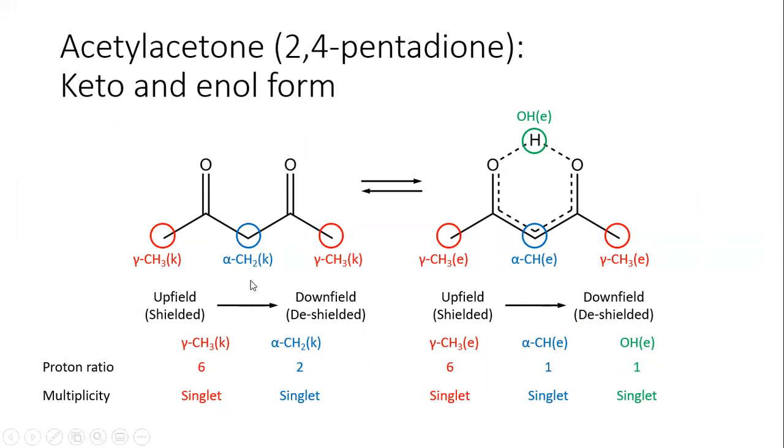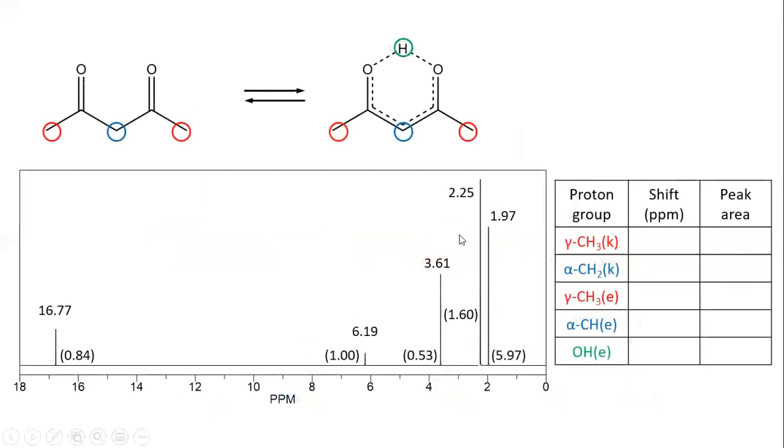For more details, I would refer you to the course website. There is a resource about interpreting NMR spectra, and you can read how a peak will split. All right. So now let's go to the actual NMR spectrum of this compound and see if we can analyze it based on the knowledge that we already have.